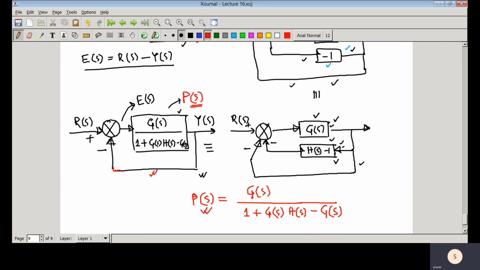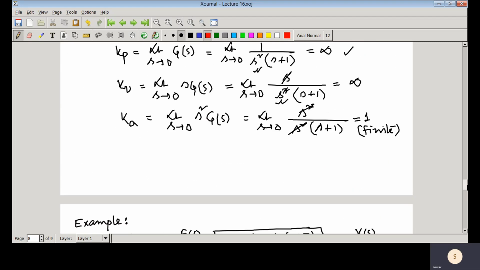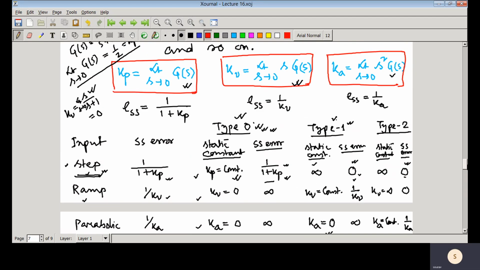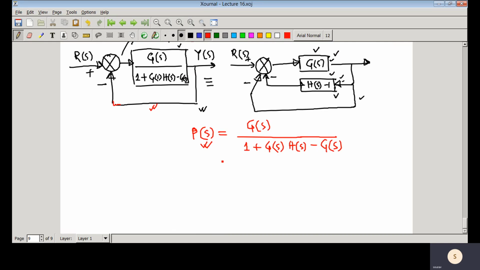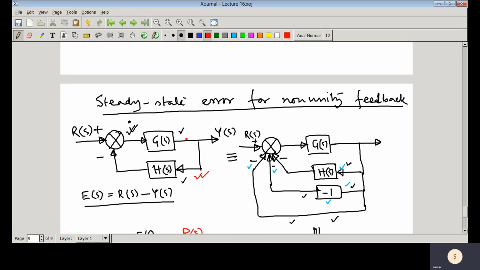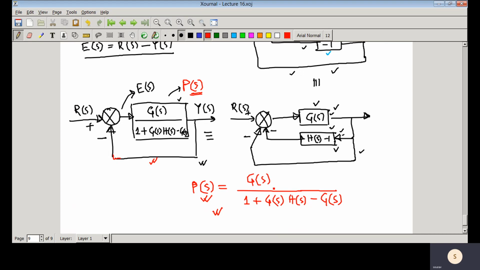So now you apply all the constants and all the concepts that we have discussed today on the P(s), not on G(s), because if you apply all the formulas on G(s), it would be wrong, because this is not error signal. But after transformation, you can see that the transformed plant is P(s) and now this is E(s). So to find the steady state error, you need to apply all the formulas and finding all the constants for P(s).